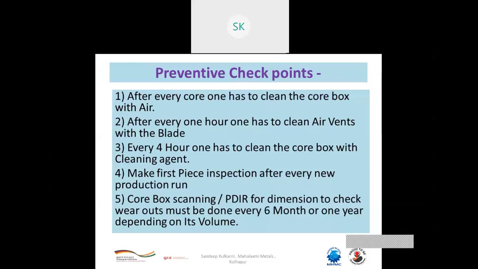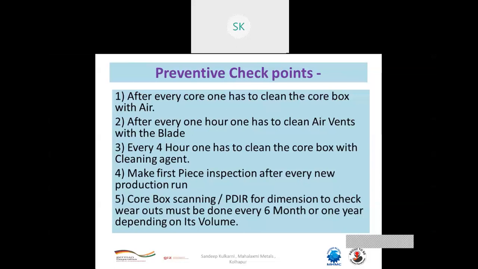Core box scanning and PDR for dimension to check wear out must be done every 6 months or 1 year, depending on your volumes. Like a pattern inspection, we have to do core box inspection, dimension, PDR also for important parameters once in 6 months or once in a year, depending on your volume of core making or casting making, so that you will not see a problem coming from your customer end, that there is a major issue with the dimension at the customer end.